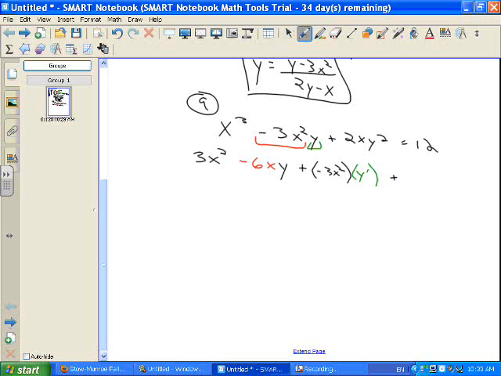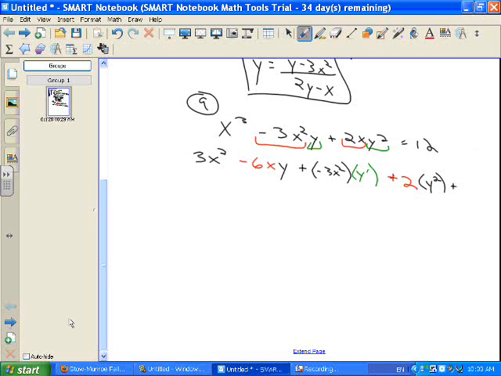Right, plus, now I got to do the same thing to this thing. So the derivative of the first is 2 times the second left alone, y squared. Plus the second times the derivative of the first. Okay, that's what I just did. I'm backwards.